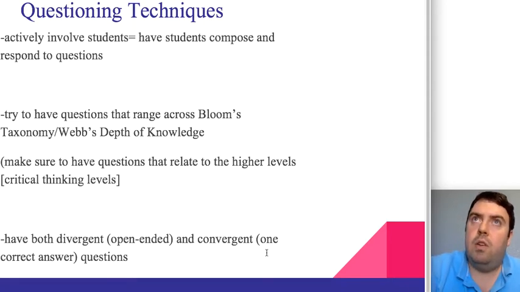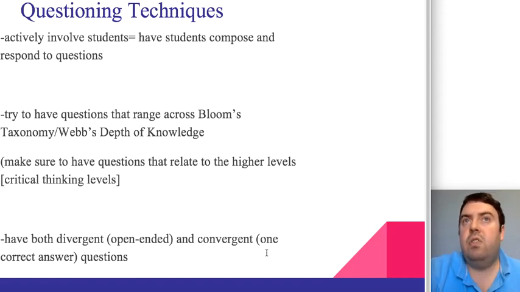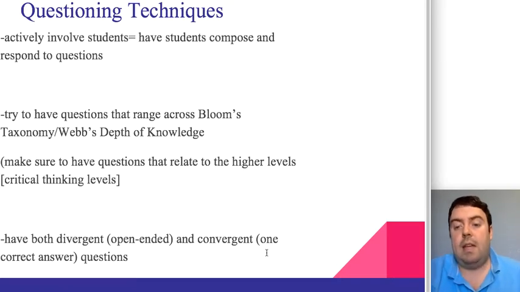They normally require students to think for a significant amount of time before they answer, and there's not necessarily one right answer. And so that goes into our next point. It's important that the kind of questions you ask are a mixture of divergent or open-ended questions and convergent or one correct answer questions. You want to expose students to different types of thinking and the different types of questions they might see on standardized tests.